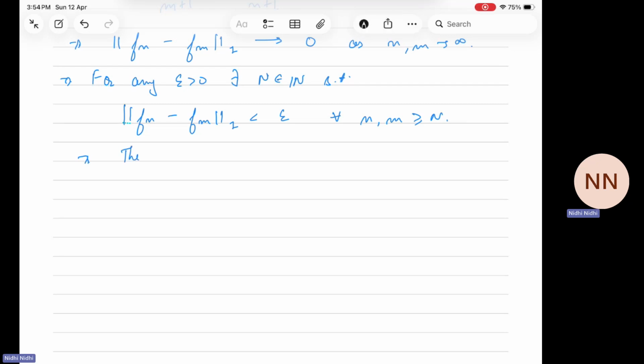Therefore, the sequence Fn is Cauchy in the space C[0,1] with the L1 norm.